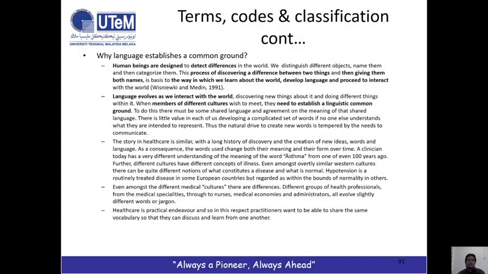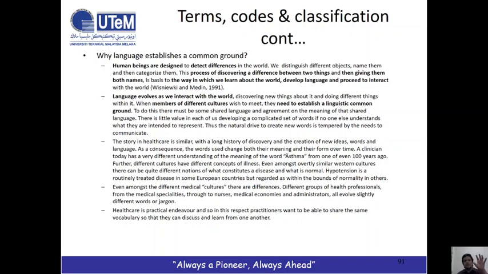Why does language establish a common ground? Human beings are designed to detect differences in the world. You and me, for example, have different characters. We distinguish different objects, and then we name them and categorize them.